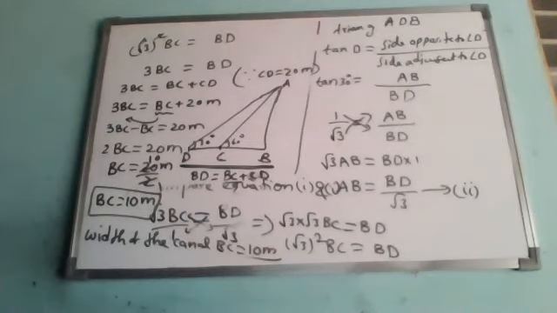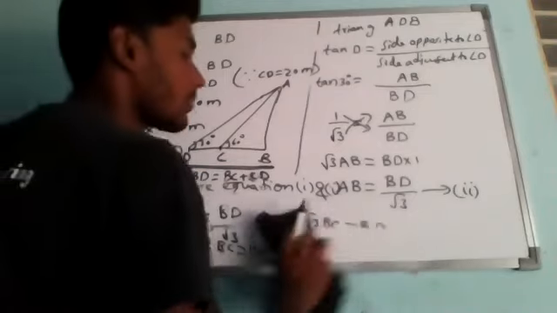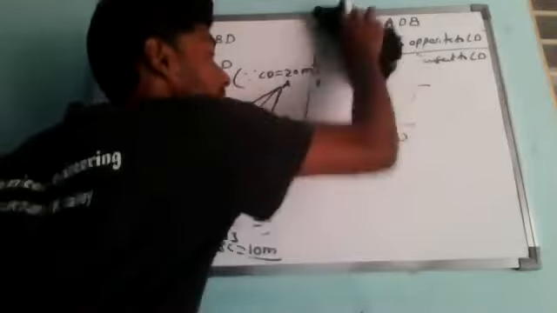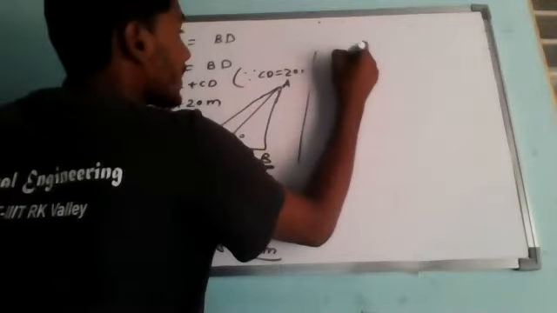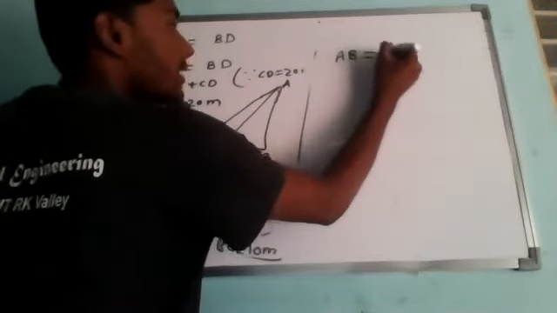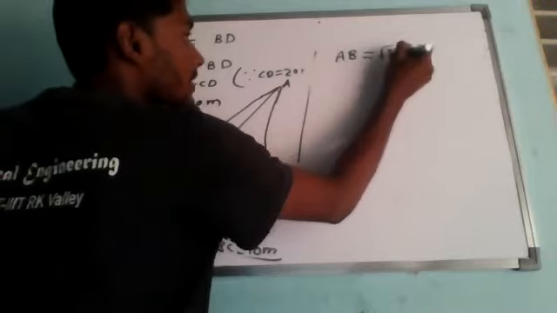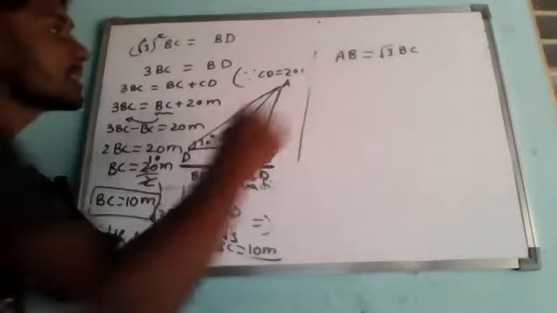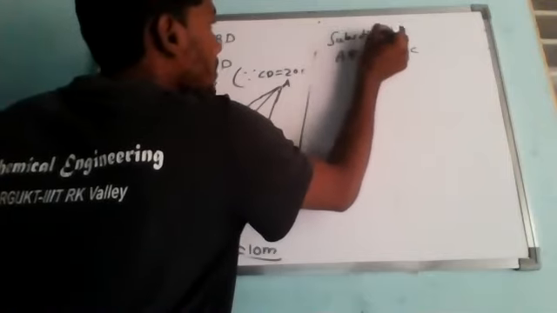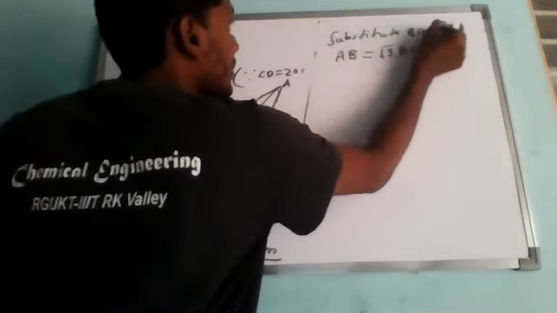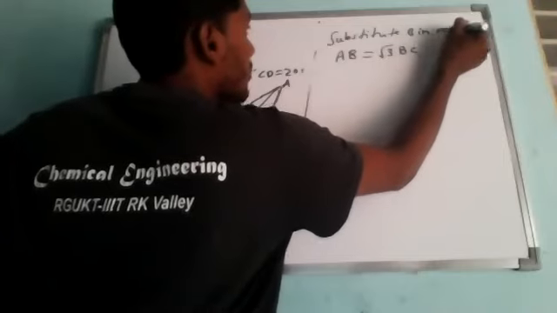Now we need to calculate one more thing, that is the height of the tower. We assumed that the height of the tower is AB. So now I am going to substitute this value in the first equation. AB, the height of the tower, is equal to root 3 BC. Substitute the value of BC in equation 1.